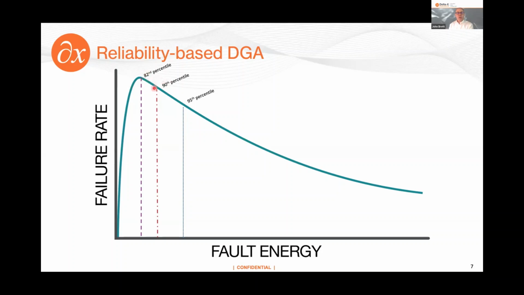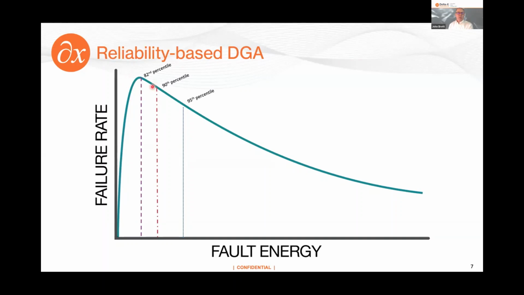So if you follow the standards, by the time you've actually raised the yellow flag, you've already missed the most critical period of gassing and the peak of the failure rate. This would explain why there are a material number of failures that are missed by DGA.